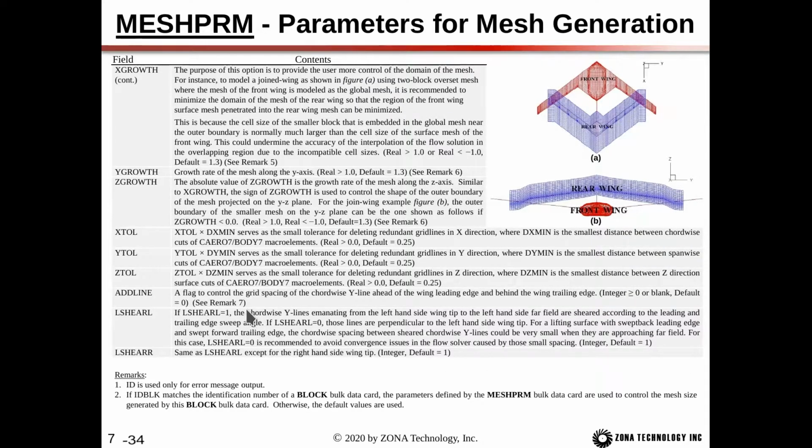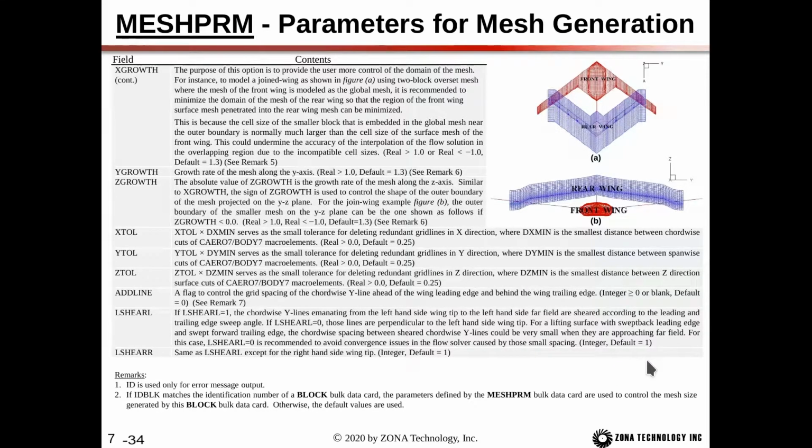So for L shear L equals 1, the chordwise Y lines are sheared according to the leading and trailing edge sweep angle. If L shear L is 0, then the lines are perpendicular to the left-hand side wingtip. That is, the X coordinate is held constant.